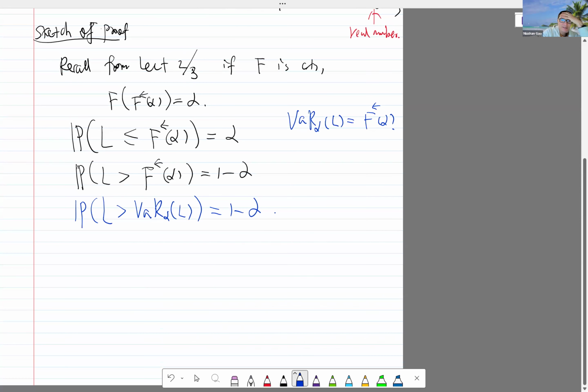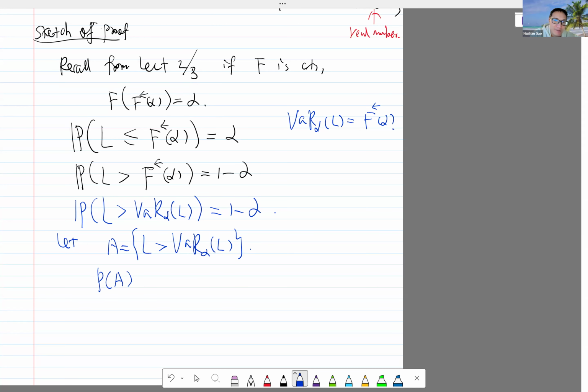So if I let A be the set where L is larger than the value at risk, remember it's the percentile, then if F is continuous, this set has probability 1 minus alpha.